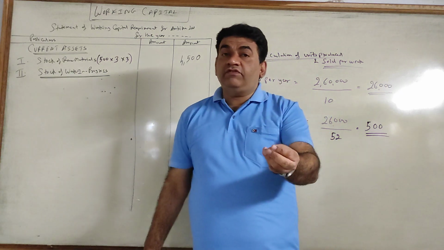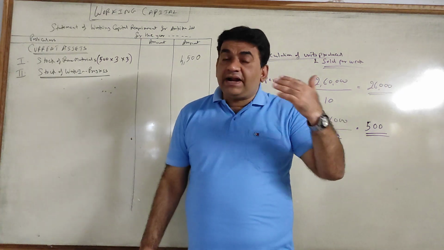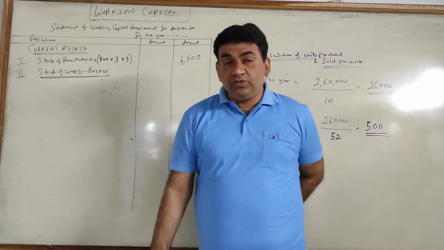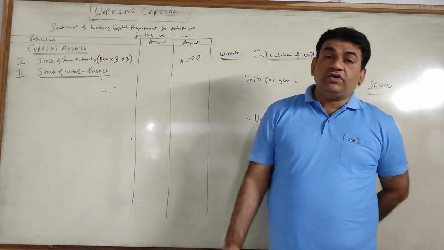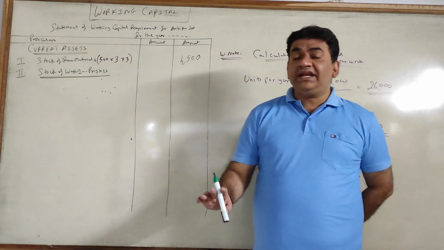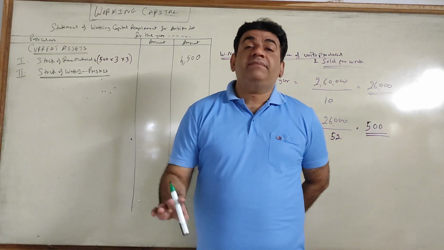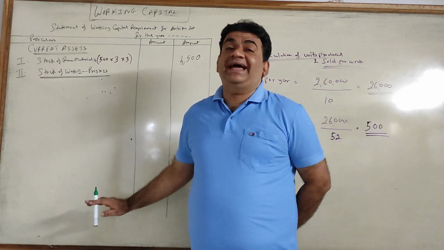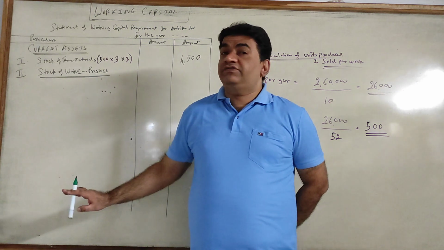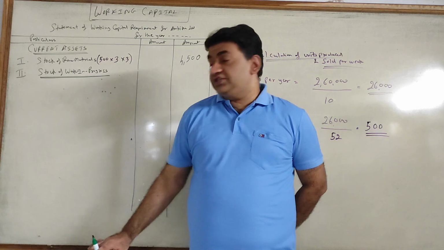Work in progress is the full form. Meaning that part of stock which is yet to be completed, it is not fully finished. So that part of goods which are not 100% complete, which are partially completed, partly manufactured, is called as WIP. Because if it is fully manufactured, it becomes finished goods.